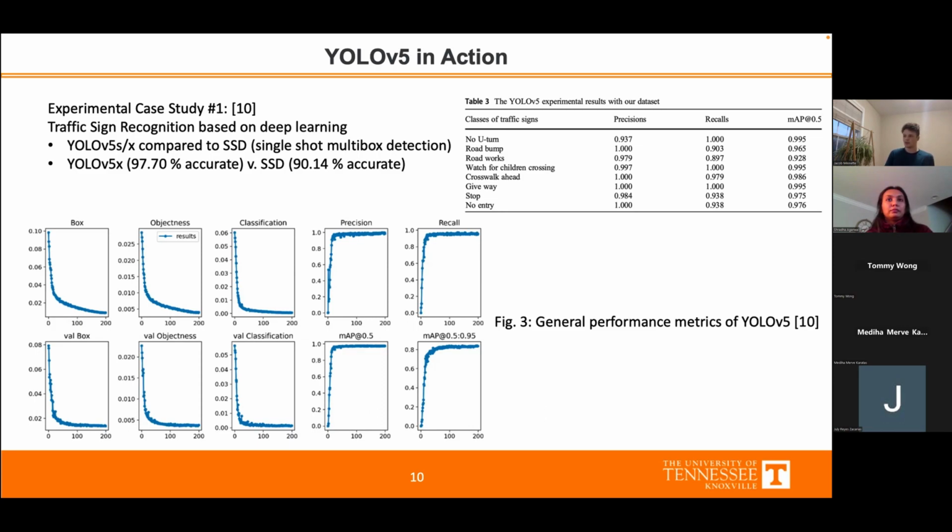So we just have some general results. There are numerous figures in this paper, and I have the paper pulled up, so I can share my screen with that too if you're at all curious. But we see different sorts of identification scores, which improve as the algorithm gets trained more and more. And then we can actually see the end results for various different traffic signs, from no U-turn through no entry, and the precision, which is very highly scored, as well as the recall value, which is also very highly scored.